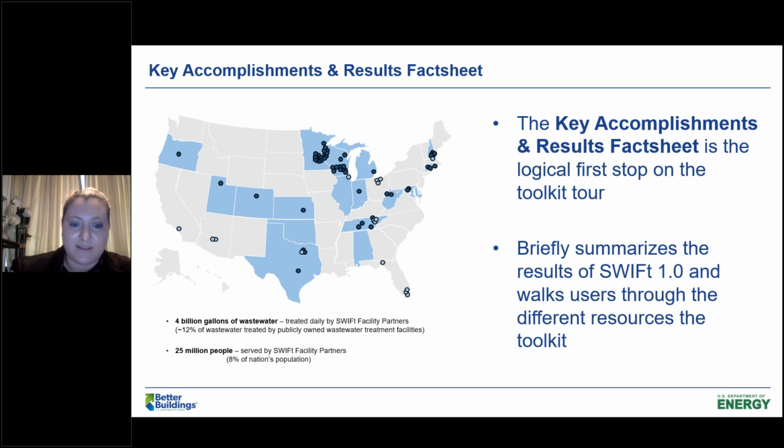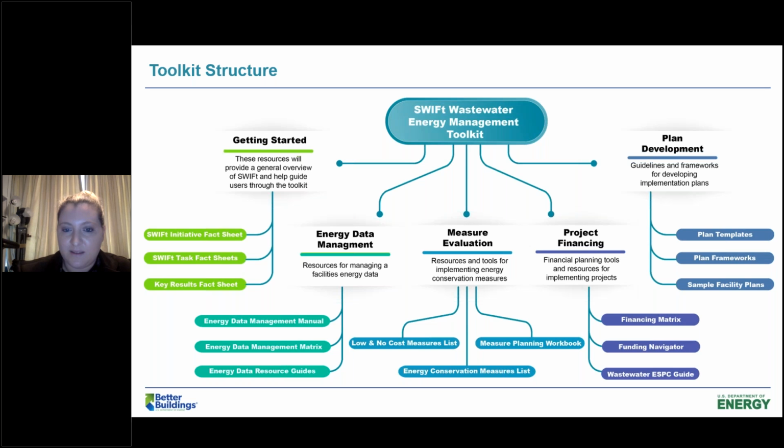Okay, next slide. Okay, so these slides will be publicly available. I like this graphic because I think it's a nice way to organize the tool. So right along with the key accomplishments and fact sheet, you can utilize this organizational diagram to help guide you, okay, where are the resources nested within the phases?